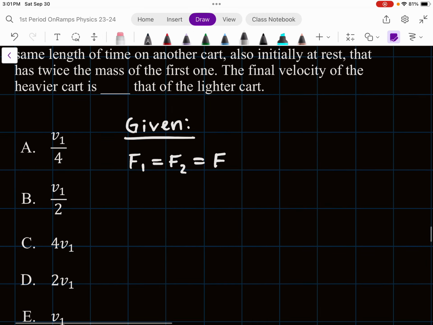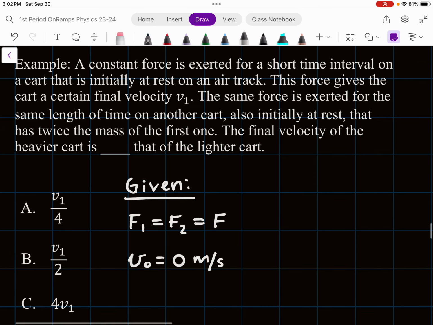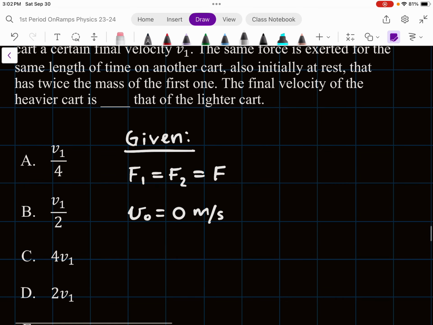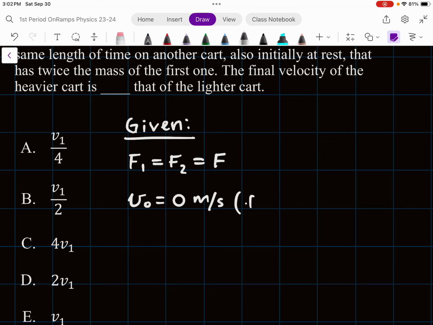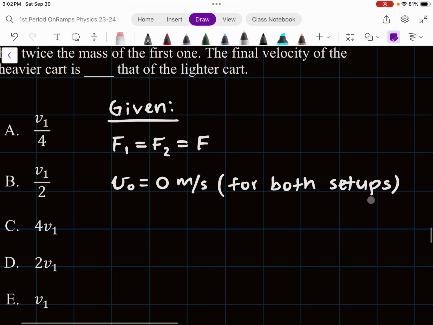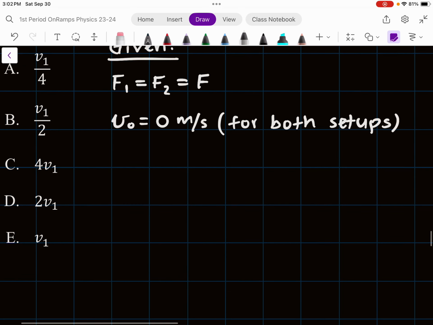So then we know that V initial is 0 meters per second, and because there is no indication that for the second setup the cart is already moving, we'll say that for both setups. I'm not sure that's spelled correctly, but whatever.